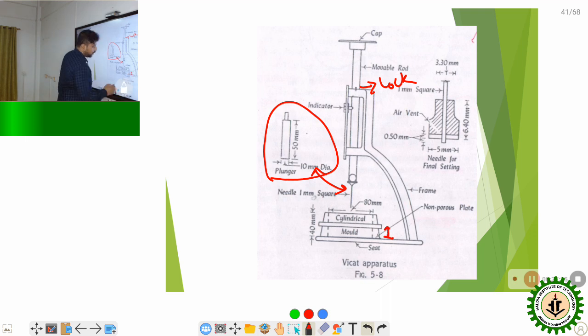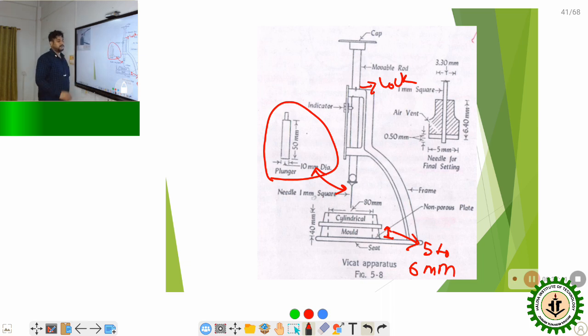The plunger should stop at 5 to 6 mm. In the consistency test the plunger should resist at 6 to 7 mm, but for initial setting time, the plunger should remain at 5 to 6 mm from the base level.